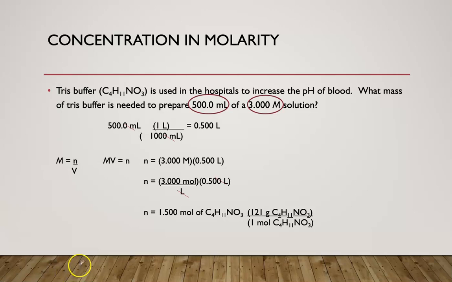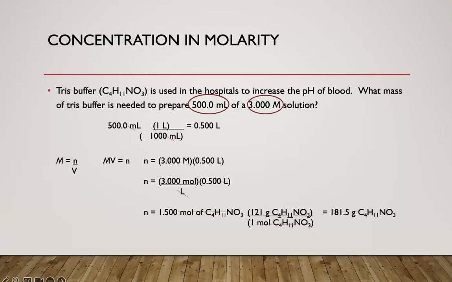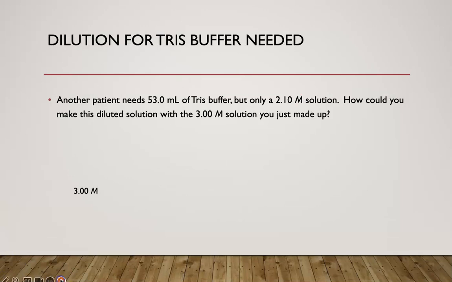And then, of course, I had to do my molar mass where I added up 4 C's, H11, 1 N, and 3 O's. All right, to get the amount of the mass of the Tris buffer that you're going to have to use. And of course, you would dilute that to 500 milliliters.